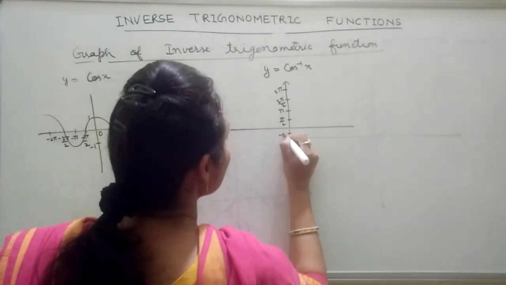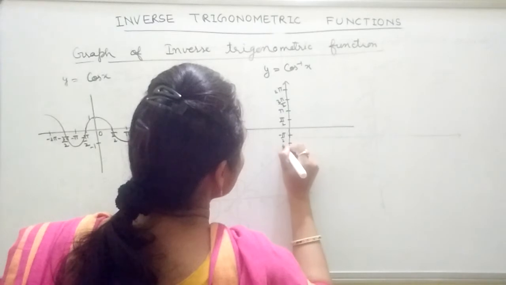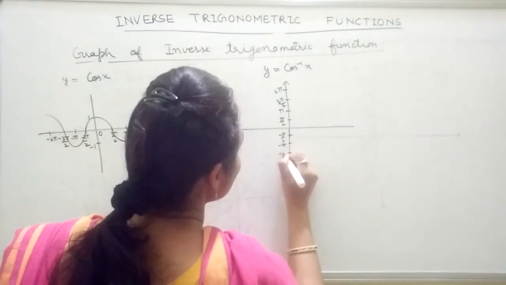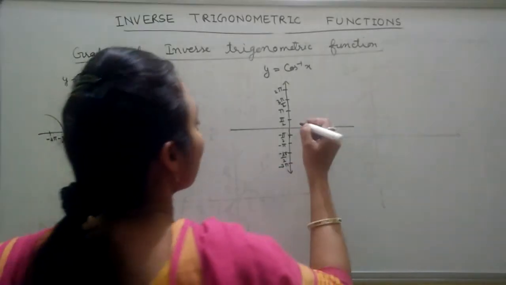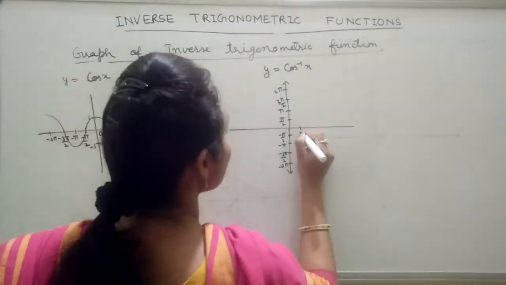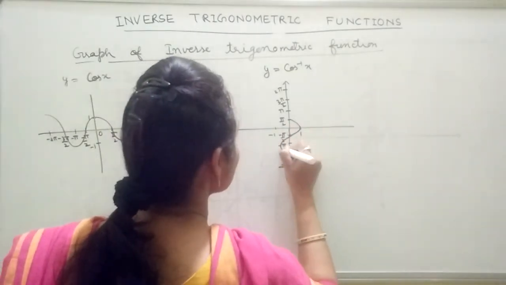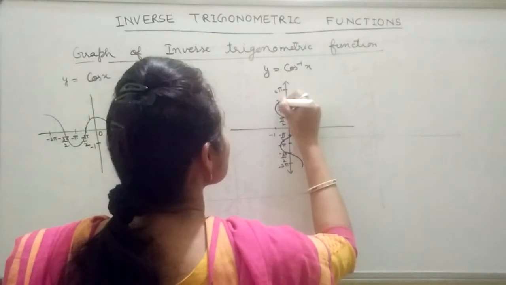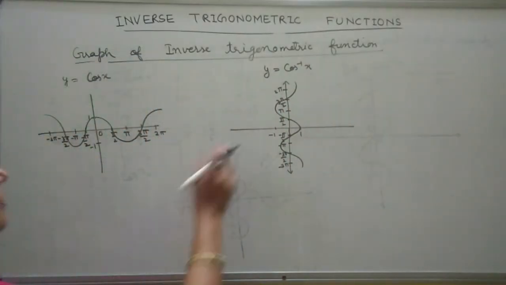Here negative pi by 2, pi, negative 3 pi by 2, then negative 2 pi. So how can we form it? There is no 0 here, this is minus 1, 1, and this is minus 1. So this is the way. This is the cos and the cos inverse.